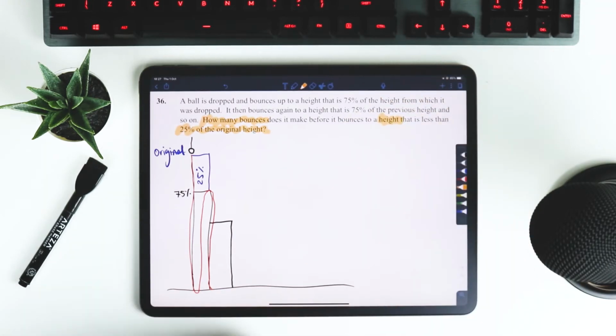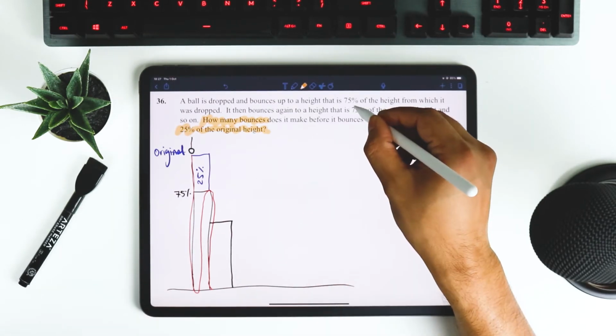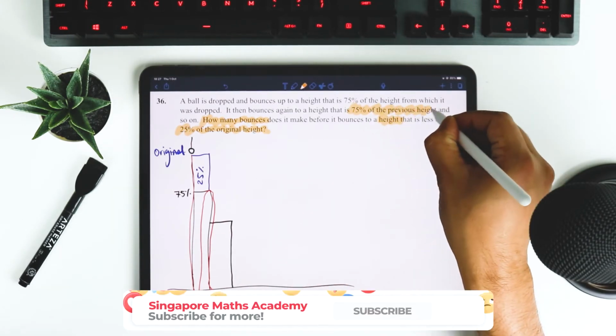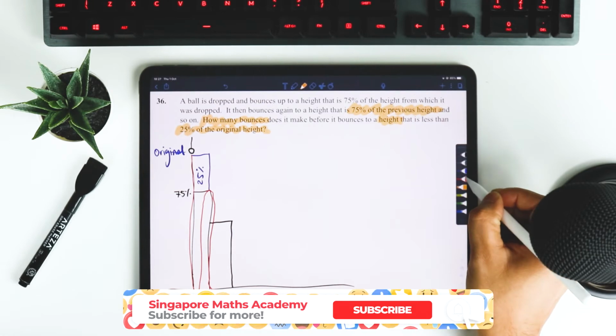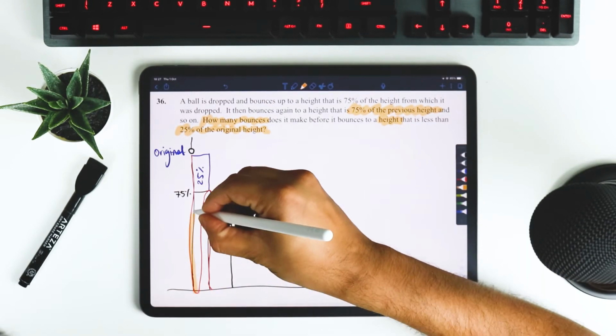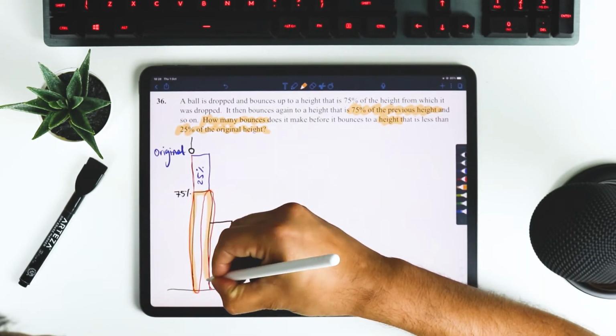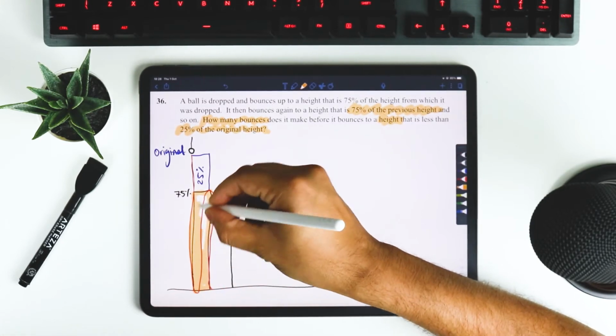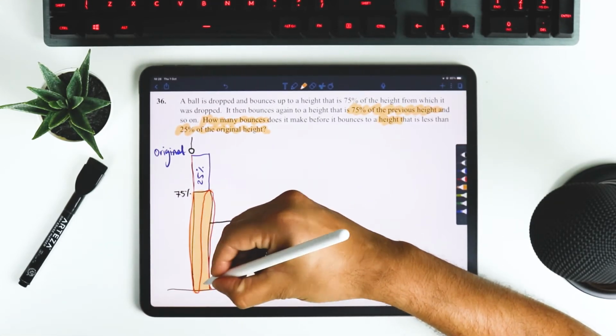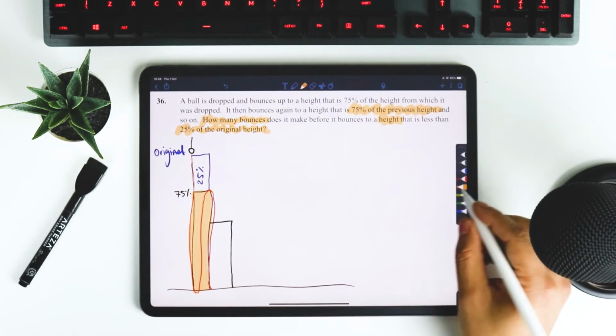It then bounces again to a height that is 75% of the previous height. This was up to here. It was the previous height, so 75% of this height. Okay, so that's what we've got there.